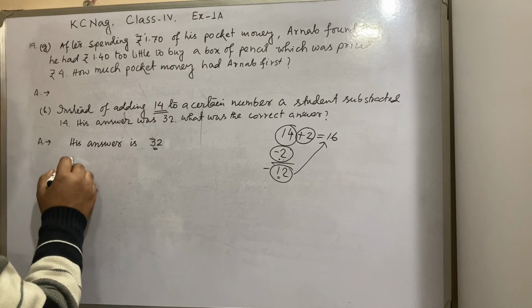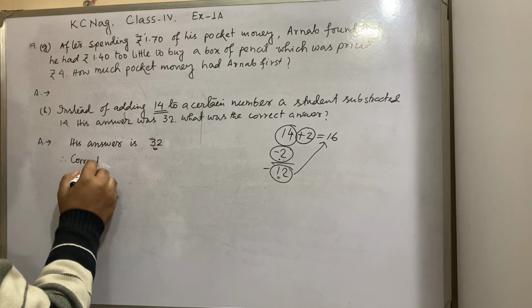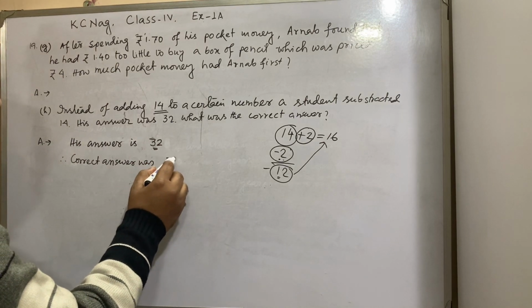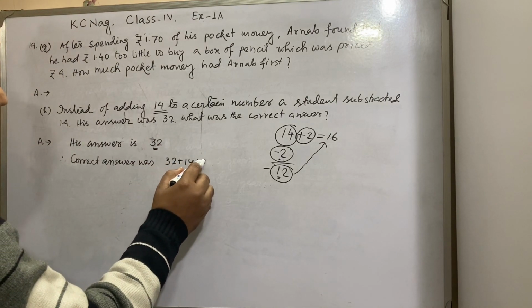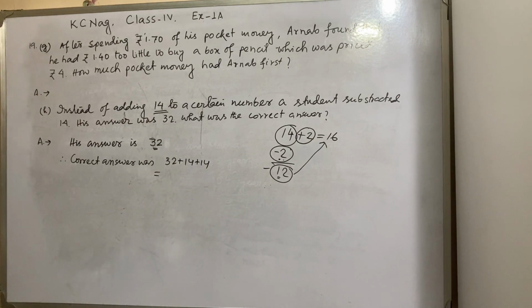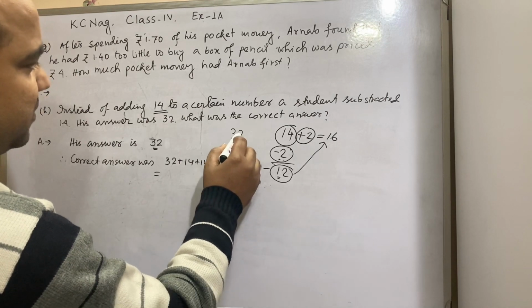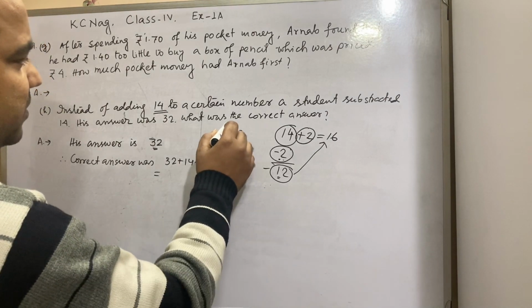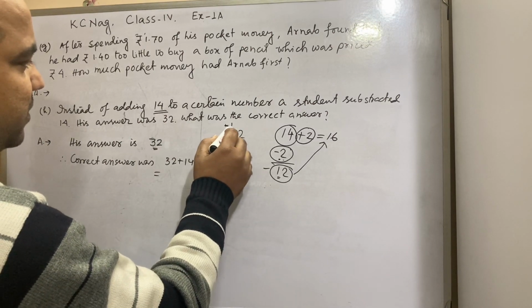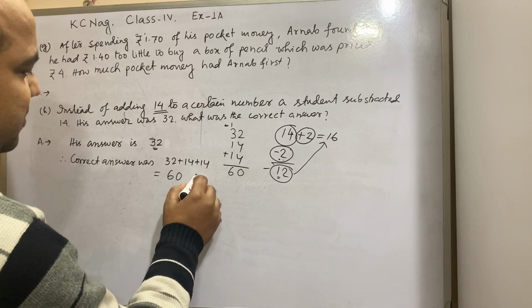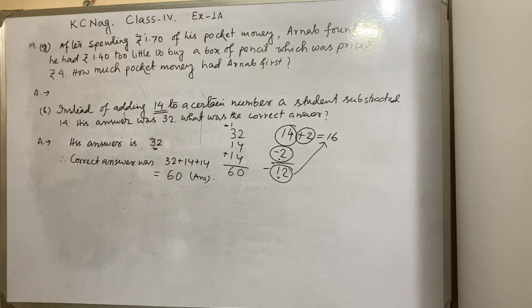So therefore the correct answer was 32 plus 14 plus 14. 32, 14, 14: 6 plus 4, 10, carry over 1, 3 plus 1, 4 plus 1, 5 plus 1, 6. That means the original correct answer was 60.